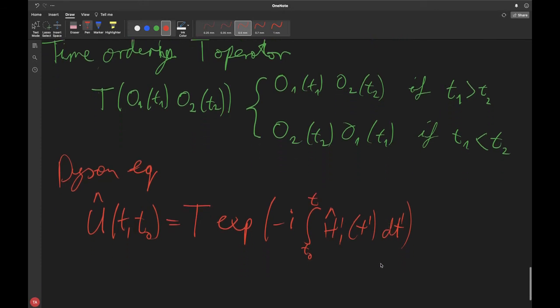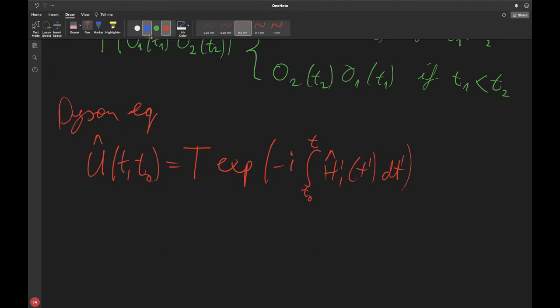So this is really the Dyson equation, and it looks kind of abstract.